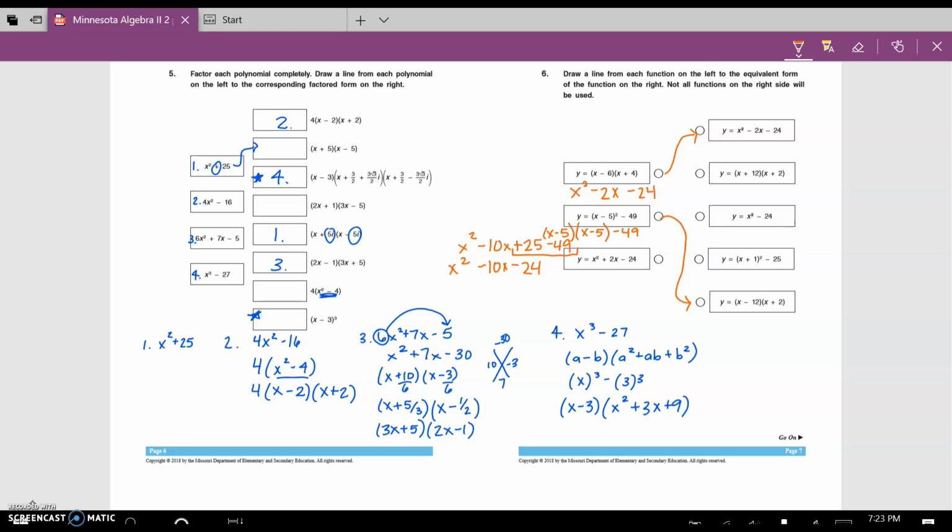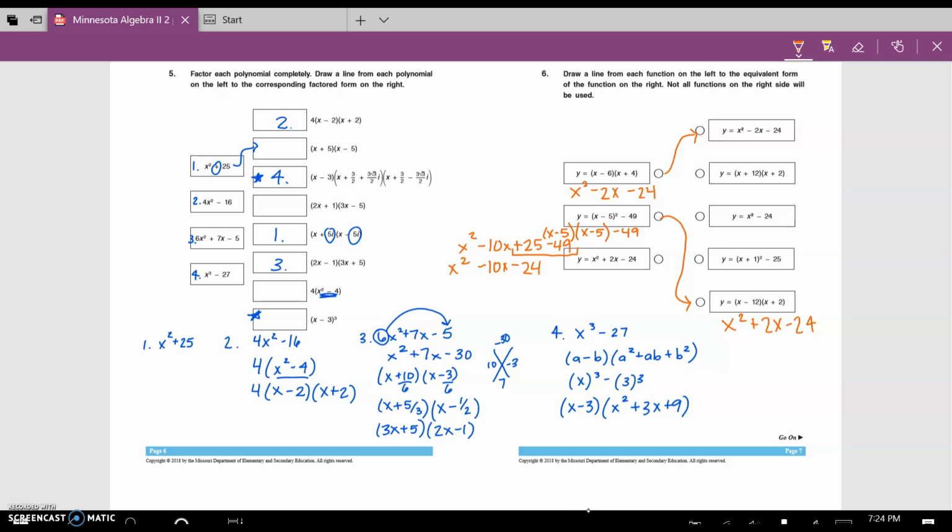Okay, so then I have this last one, which I'm not going to have room to do over here, so I'm going to do it over here. I have x squared plus 2x minus 24. Okay, so I have to look at the answer choices that I'm given. Okay, here, again, I'm looking for something that multiplies to negative 24.